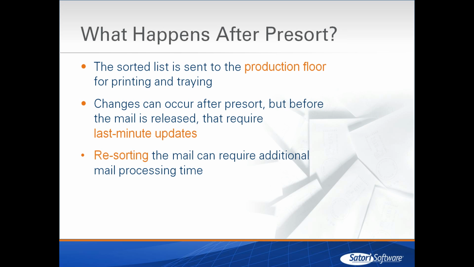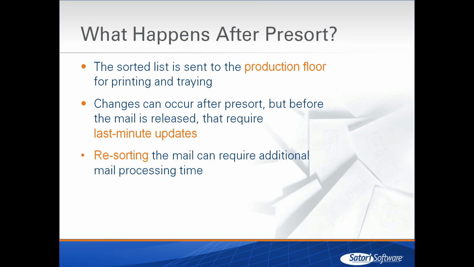Anytime we're in this environment where things are happening all the time, we've got a lot of machines running, maybe limited space on the floor, and all types of variables can happen after the pre-sort but before you're actually sending that mailing out to the post office. There are a lot of last-minute updates that may need to be made, but you may not want to take all the mail out of those trays and resort it, or go back and re-pre-sort and have to start all over and waste some paper stock.